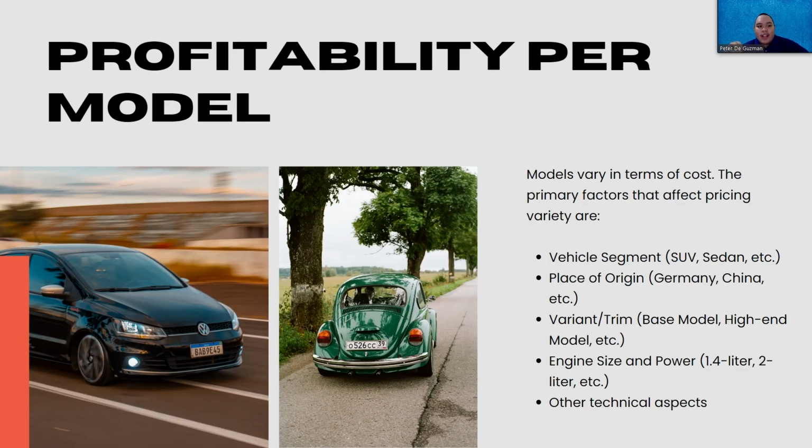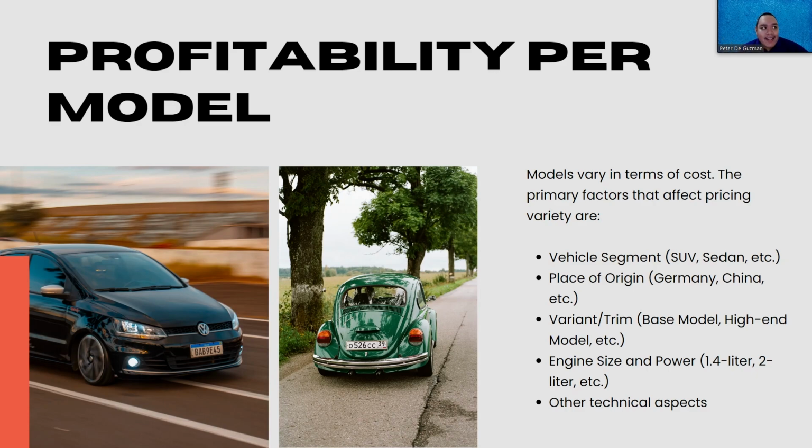Moving on, profitability per model. Obviously, models vary in terms of cost. The primary factors that affect the variety of pricing are as follows. The vehicle segment. The vehicle could be an SUV, a compact SUV, mid-size SUV, full-size SUV.